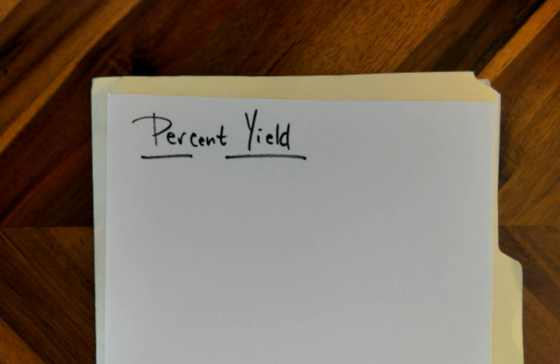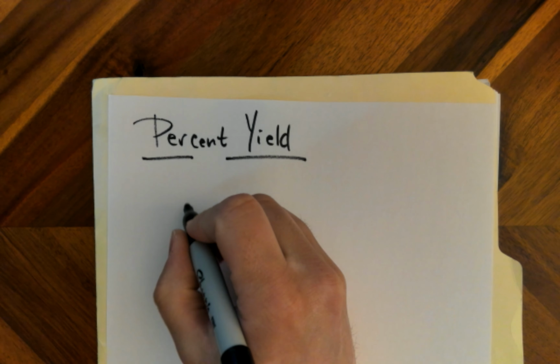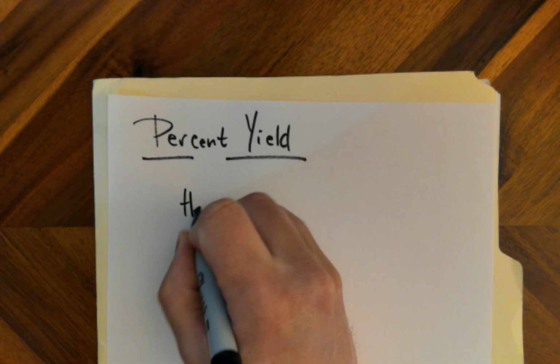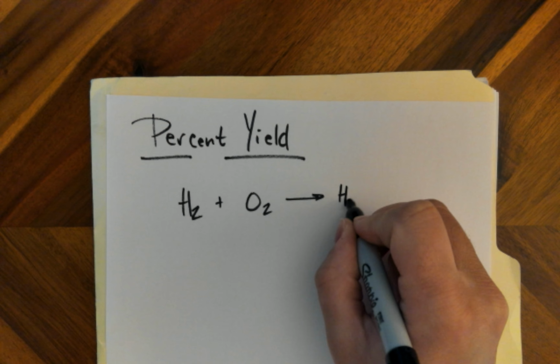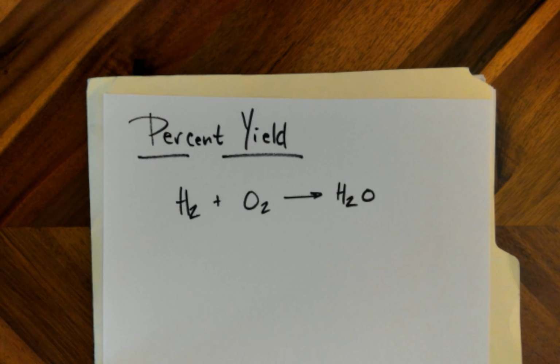Well, yesterday the central question that we were asking was, given two reactants, which one will run out first and how much product can we make? And the example that we used was hydrogen and oxygen producing water.